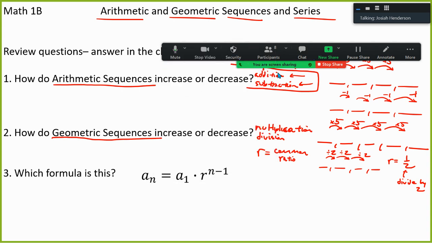All of our formulas we saw this week, there's going to be a lot of familiar looking parts. I think they all have A1 in them. Yeah, every single one of our formulas has A1. So that's going to look familiar. But some key parts that we can use to help distinguish is, does it have a D in it or does it have R in it?